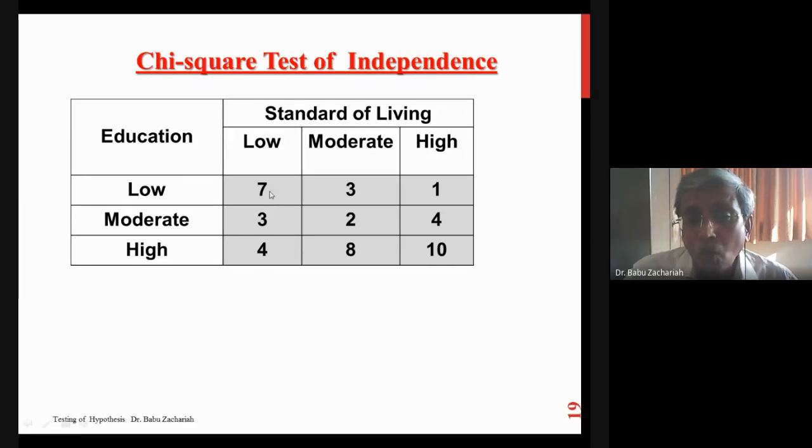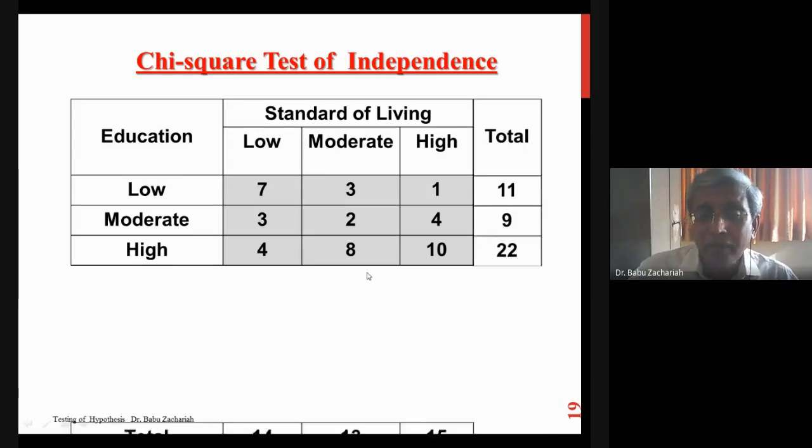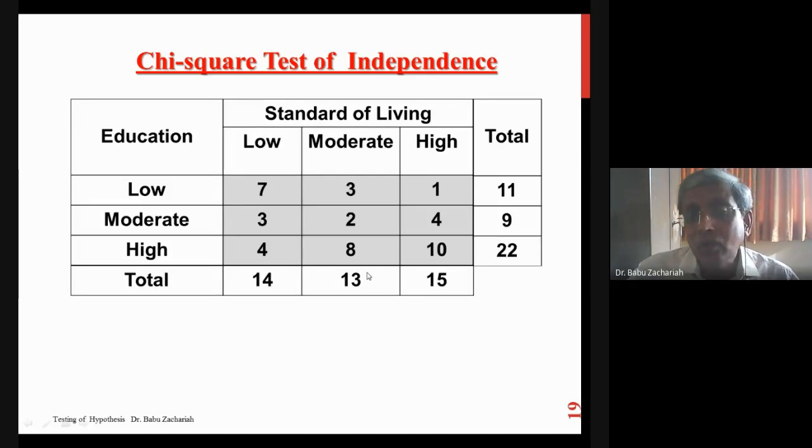We call them O11, O12, O13, O21, O22, O23, O31, O32, O33, the observed frequency in the corresponding cell. Then after the row totals we get the column totals and the grand total.